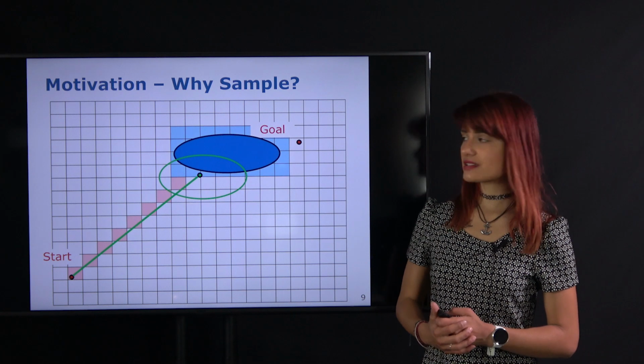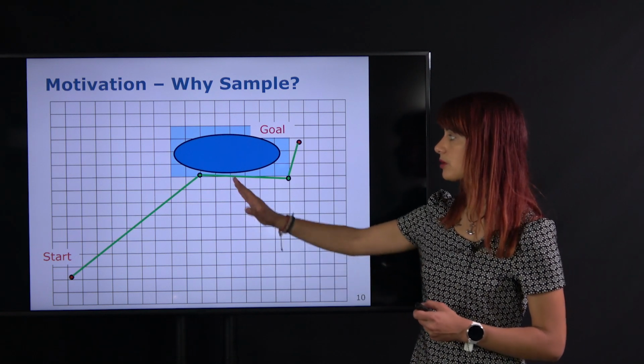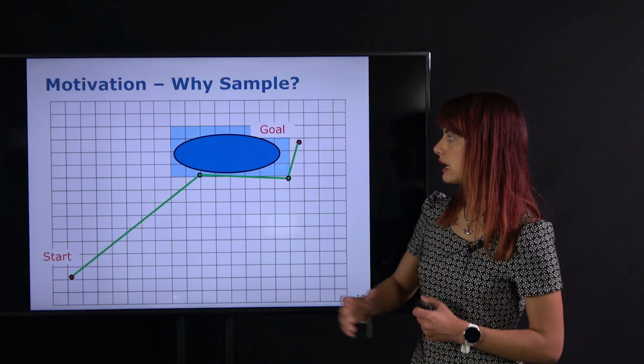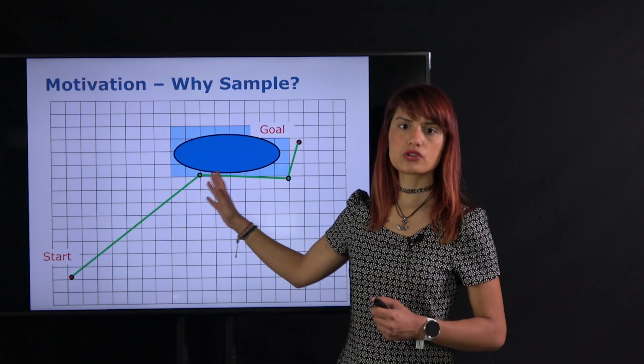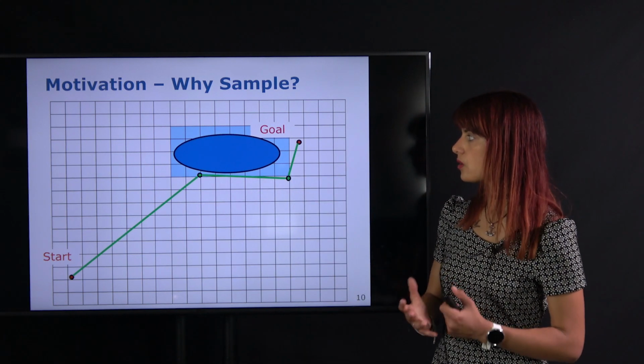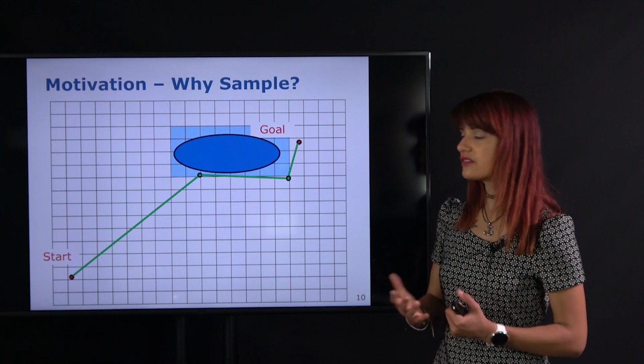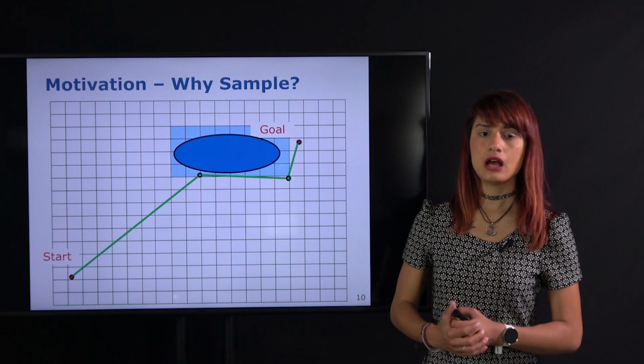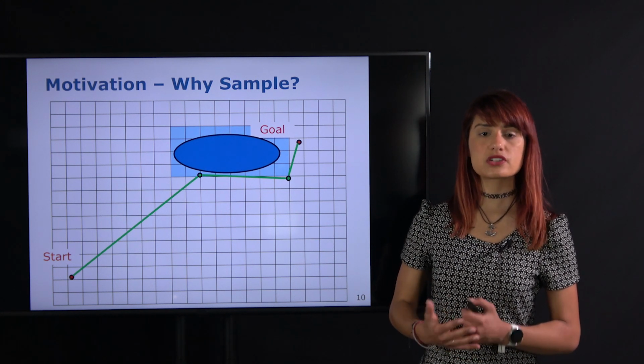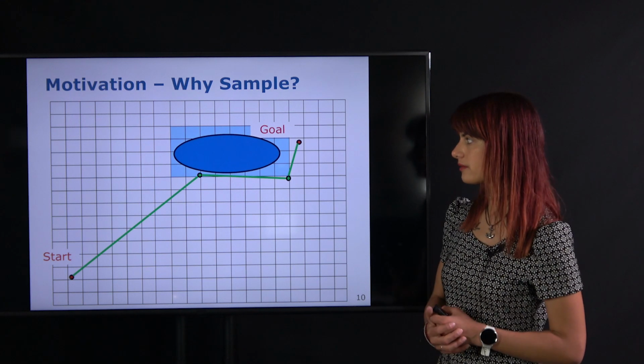And then, following a similar logic, we could sample another node here and only consider these 4 nodes when connecting the start to the goal. Even in the simple example, we can see how this would be a much more efficient method of finding a path.